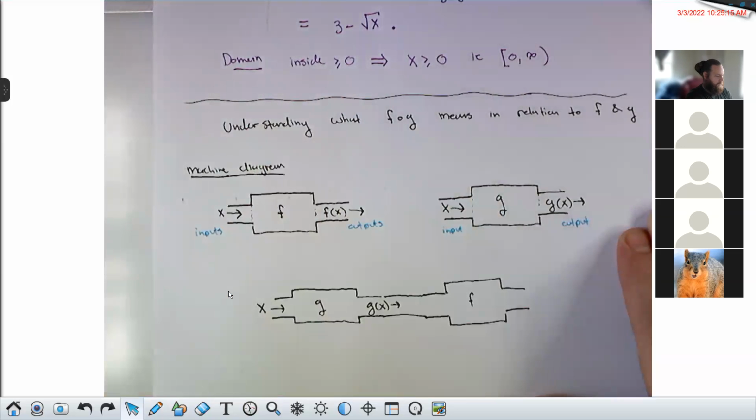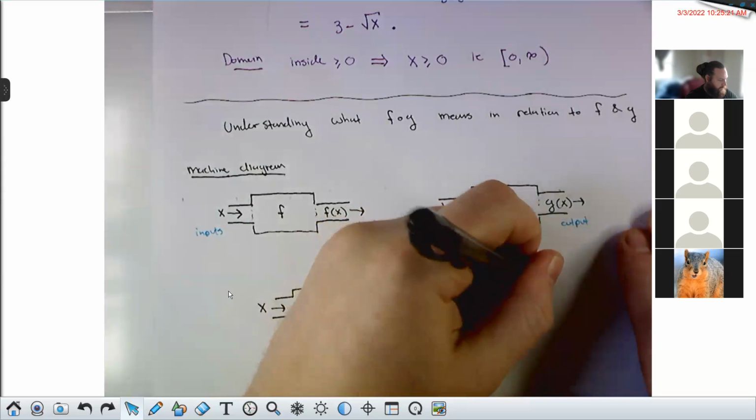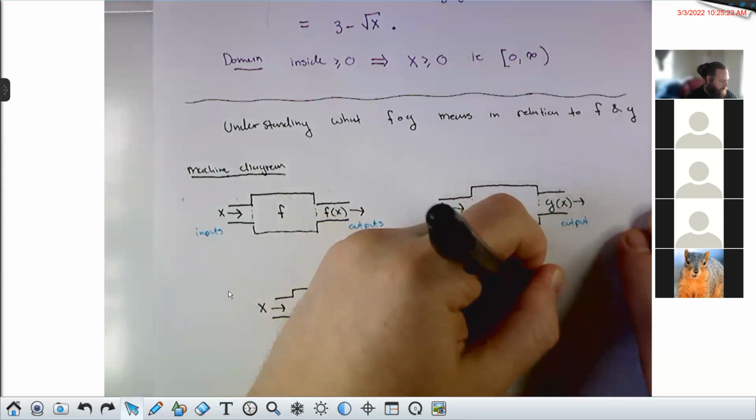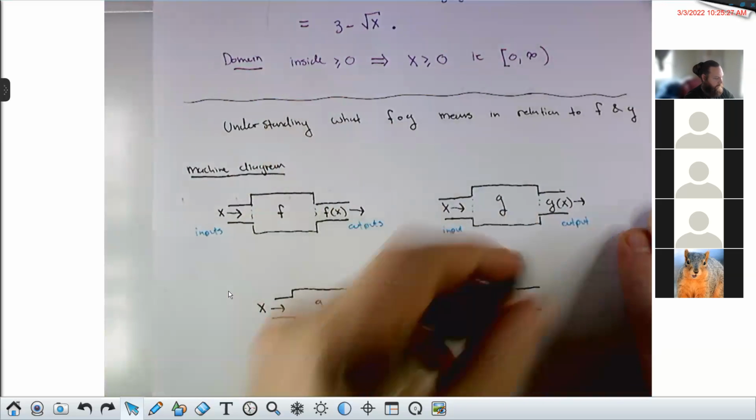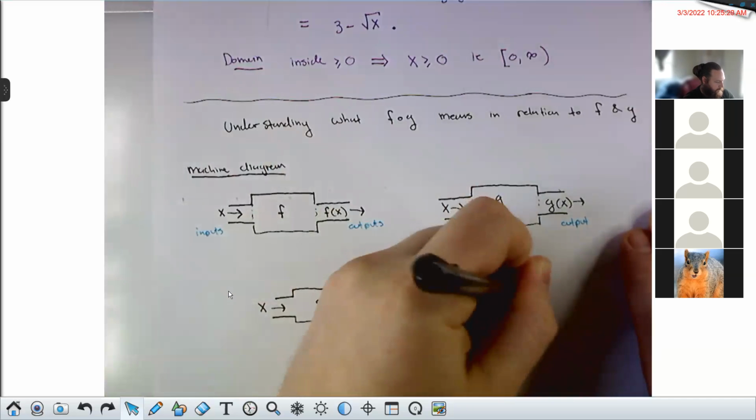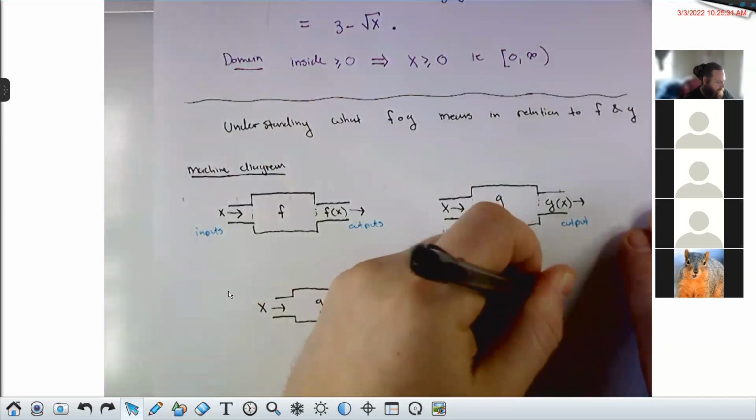So now, instead of x's coming into the F machine, g of x's are coming into the F machine. And the F machine does what it's always done. Whatever you feed it, it spits f of that out. So what's going to come out here is f of g of x.